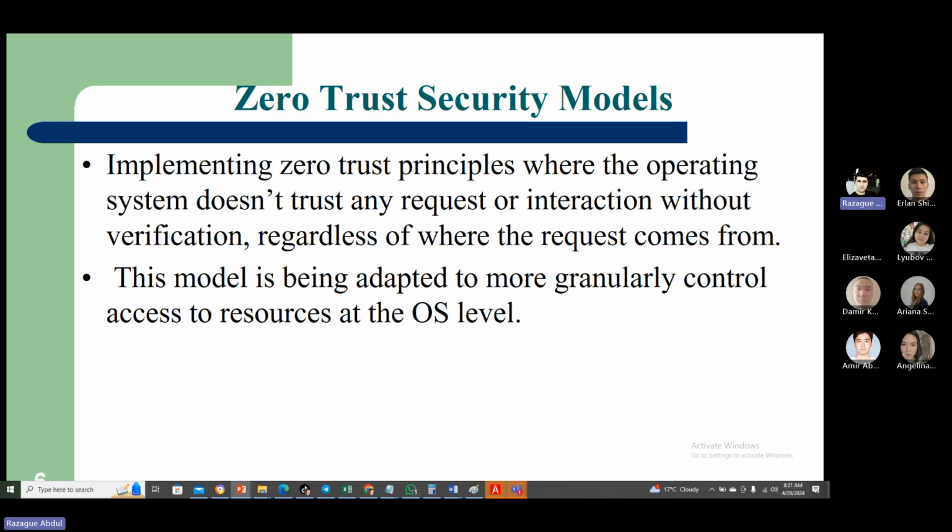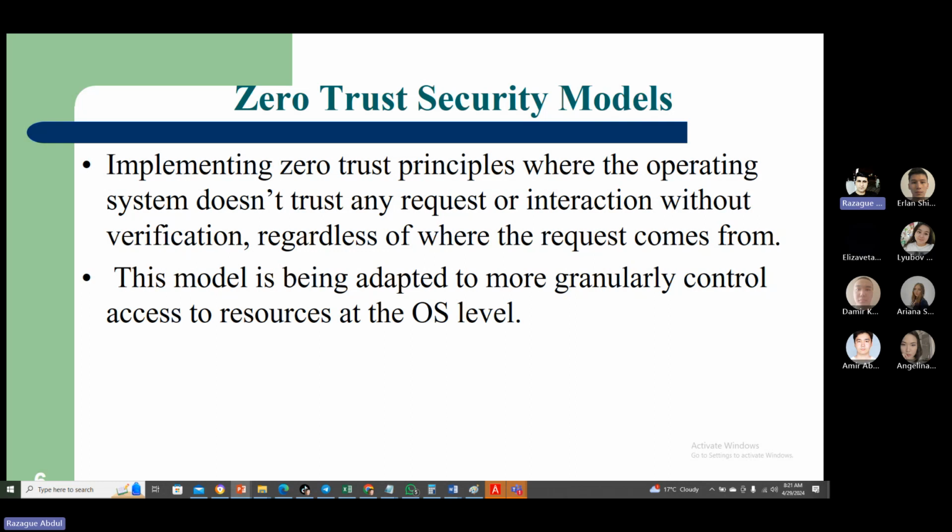In operating systems, this means tightly controlling which files, settings, applications, and system functions each user or process can access. And also we can apply role-based access control and just-in-time privilege escalation, which can help manage these permissions dynamically and securely.